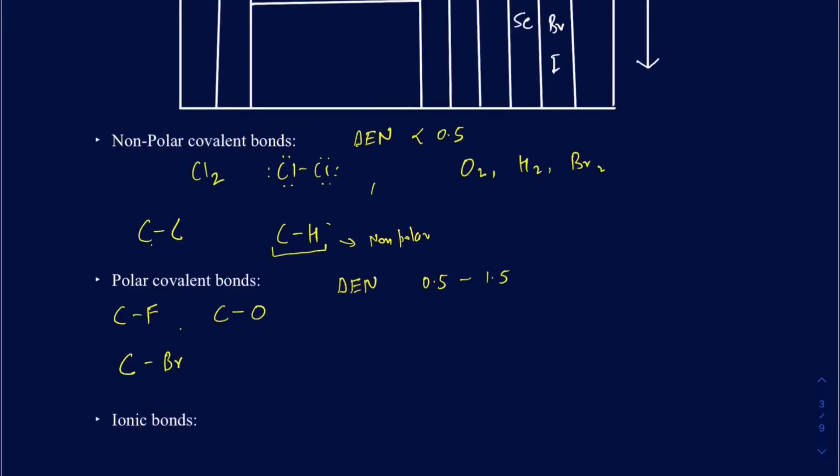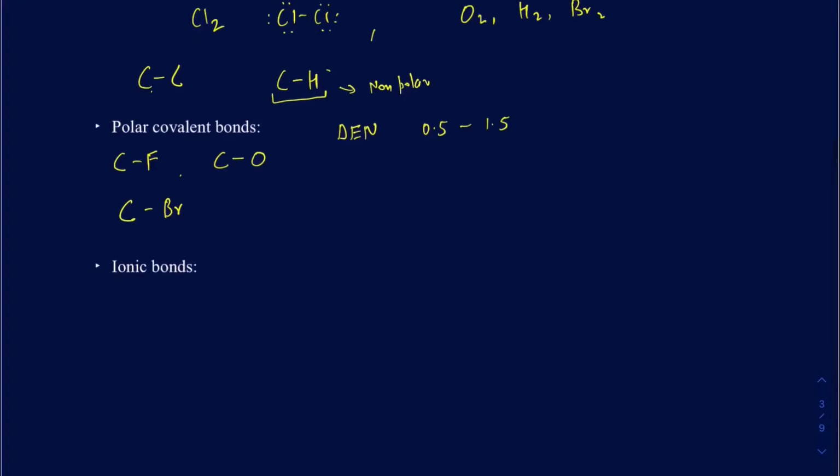Just remember, any other bond you see between two nonmetals is more or less going to be considered a polar bond. And if your electronegativity difference is greater than 1.5, it's going to be considered an ionic bond. For the sake of keeping things simple, the ionic bonds in organic chemistry are going to be made between metals and nonmetals.